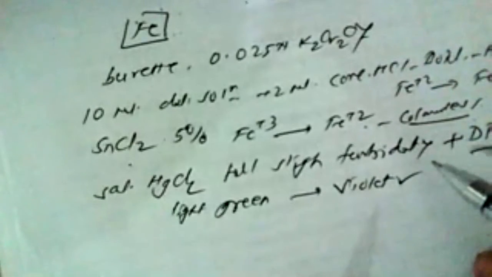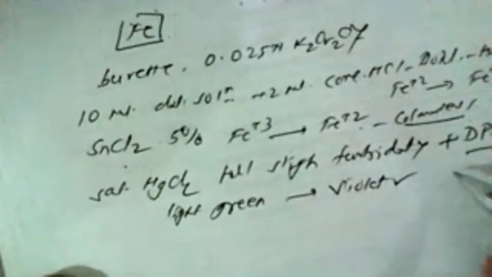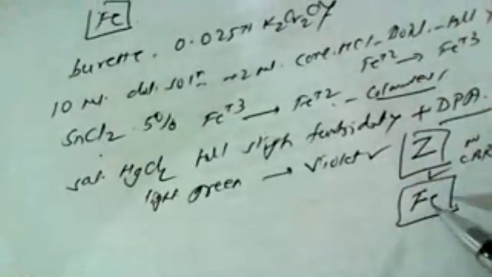This indicates that complete iron has been oxidized by potassium dichromate, and hence the end point is obtained. This we call the constant burette reading. By knowing this constant burette reading, we can determine the quantity of iron that is present.